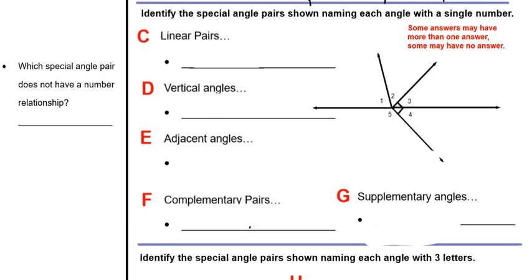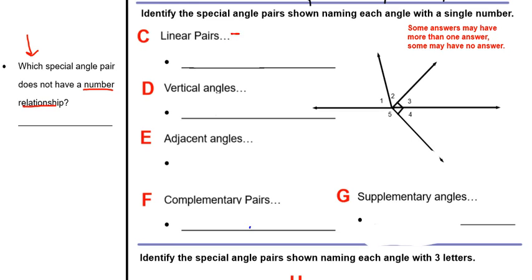All right, let's look at this chunk of problems, C, D, E, F, and G. All of these are special. I do want to talk about this question right here real quick. It says, which special angle pair does not have a number relationship? So which one of these definitions doesn't have any number that goes with them at all?